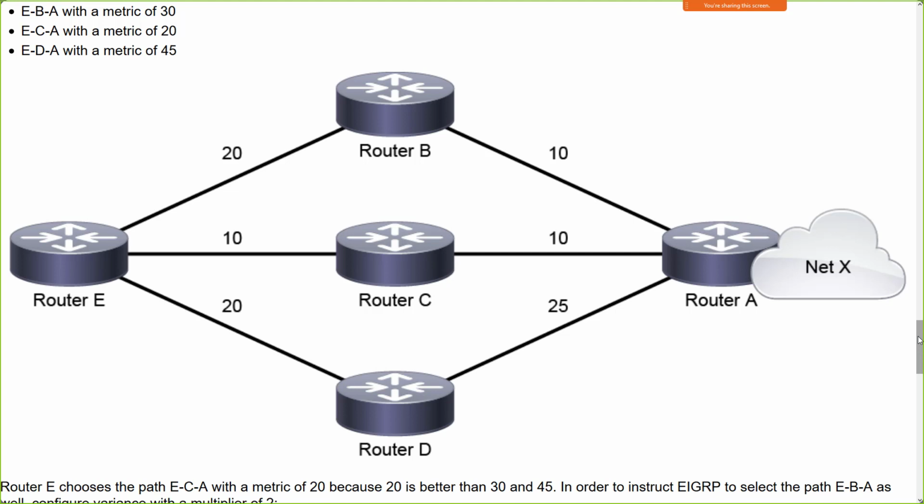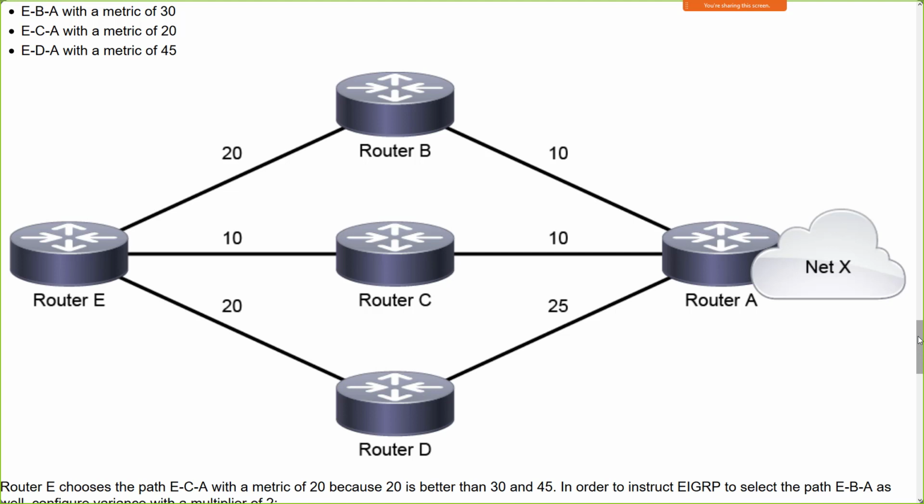What kind of variance would I have to apply to make sure that all 3 paths are used? I would have to have a variance of 3, right? Because I'd have to go from 20 to 60. If I had a variance of 2, that would only allow 20 to 40, which means that the path through the bottom router, router D, would not be used.